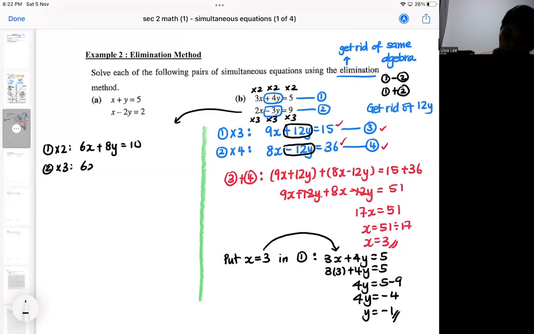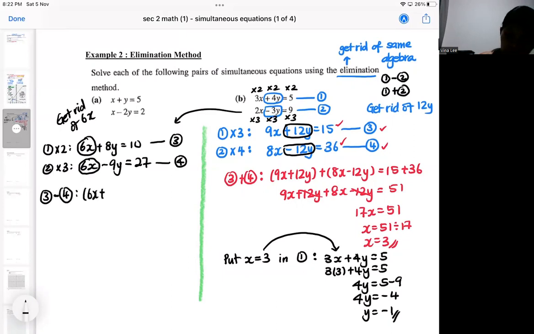So if you multiply by 3, you also got a 6x. So you also get a brand new equation. So in this case, what are you getting rid of? You are going to get rid of 6x. So both are positive. You will get rid of it by subtracting.